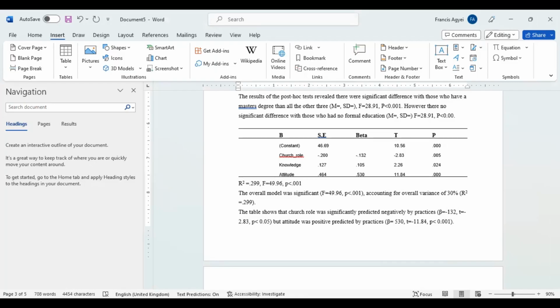So this is how you interpret the regression table. As I said, this is just a sample. We'll do a full write-up, and then we'll send them to you. So this is just to walk you through how you write it up.